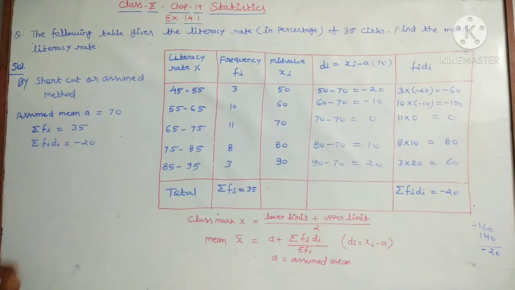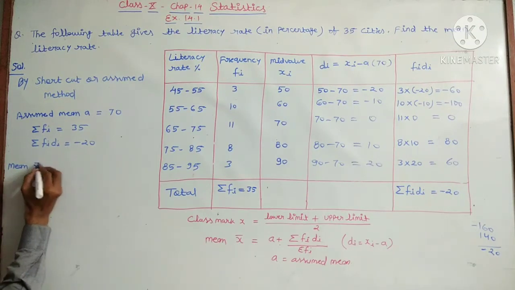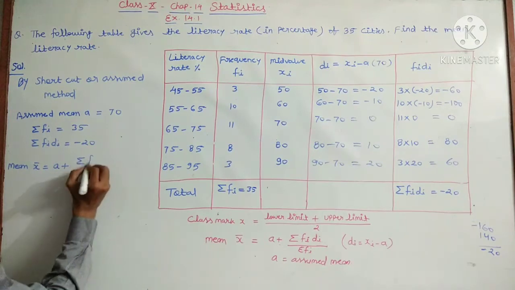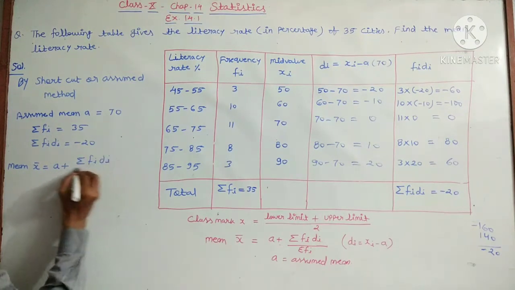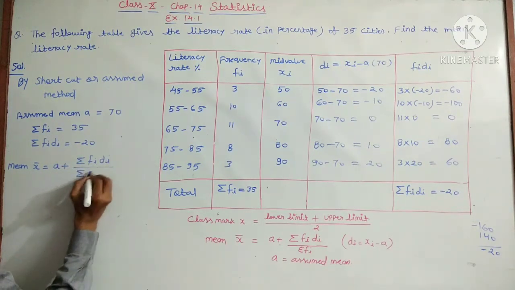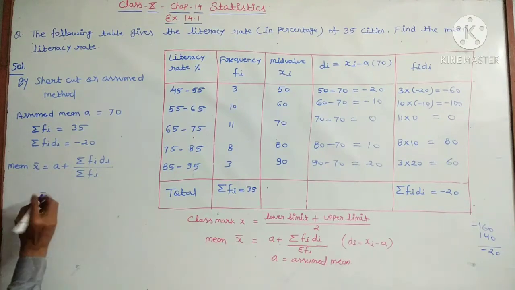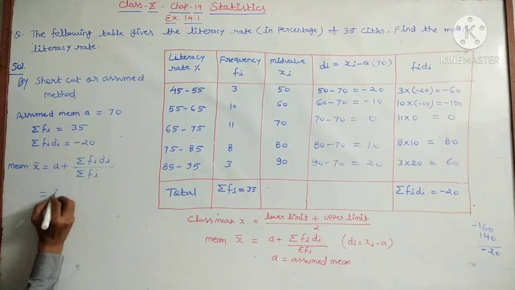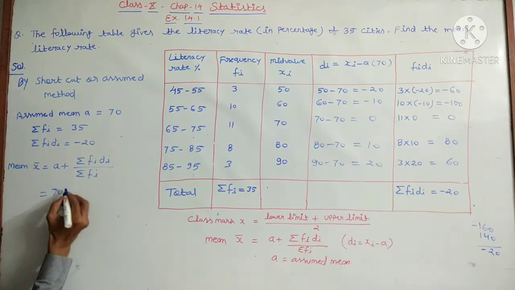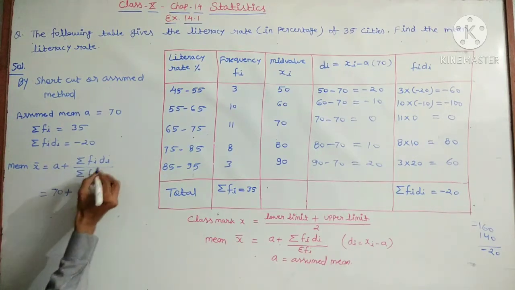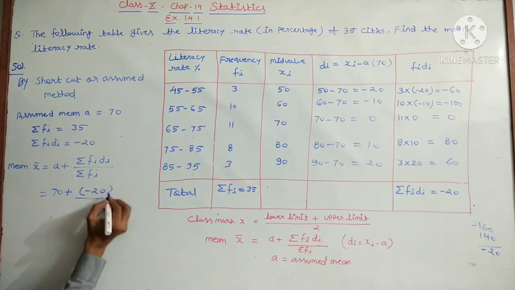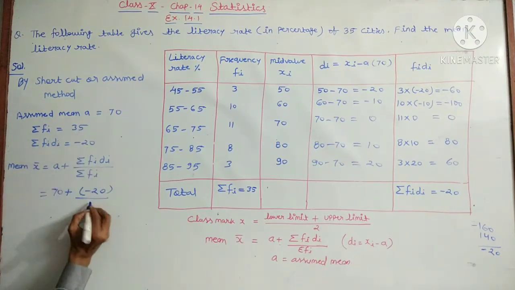We know the mean formula: x bar is equal to a plus summation fi di upon summation fi. Put the value of a, which is 70, plus the fi di value, minus 20, upon the fi value, 35.